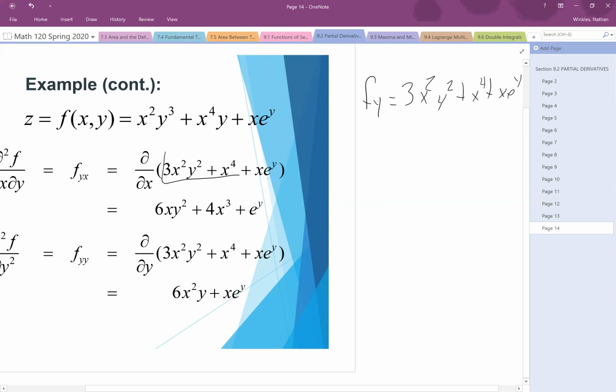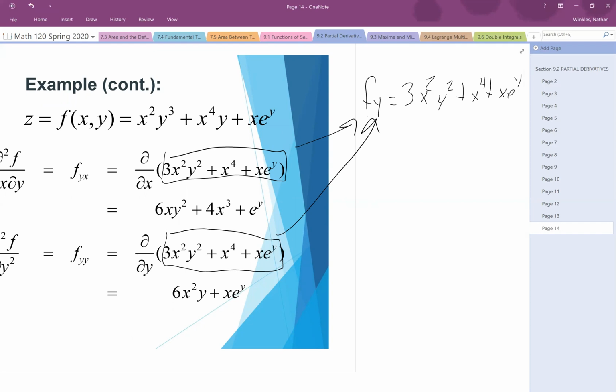That's exactly what we have in our parentheses, because that's the first thing that we are doing in each case. Now for the first one on this screen, we have to take that with respect to x. So we get 6xy squared plus 4x cubed plus e to the y.